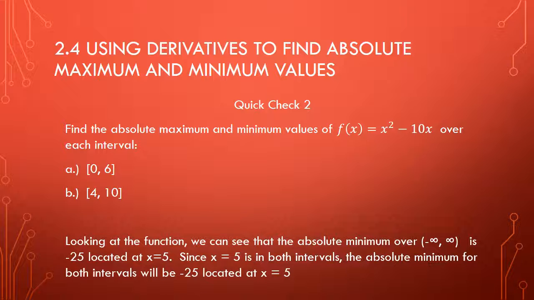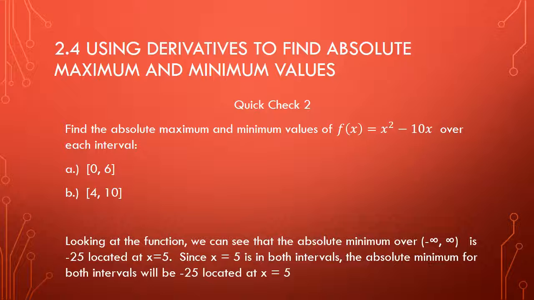All right, looking at the function, we can see that the absolute minimum over the entire domain, over all real numbers, is -25, and it's located at x equals 5. This is just using what you know about functions. This is a parabola, x squared minus 10x.